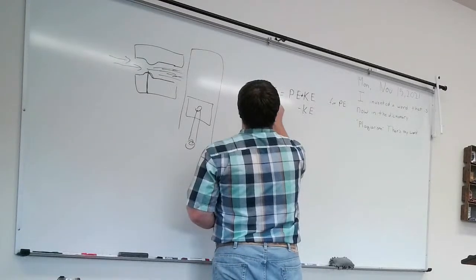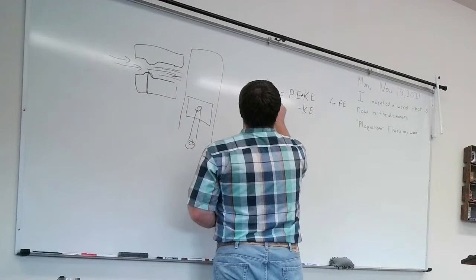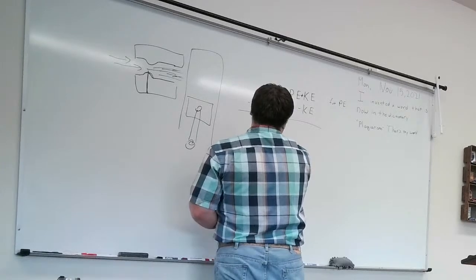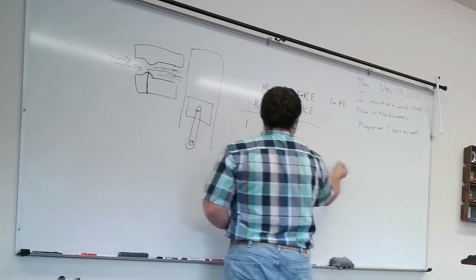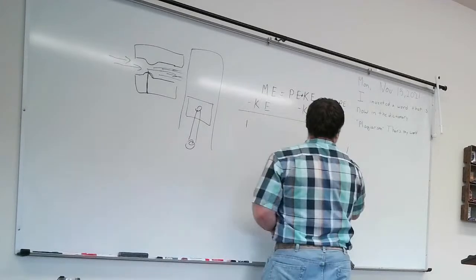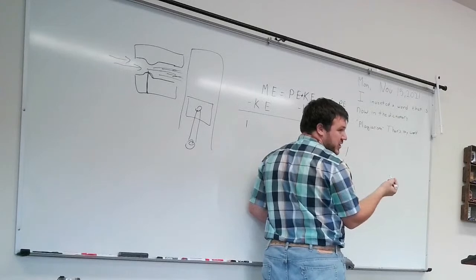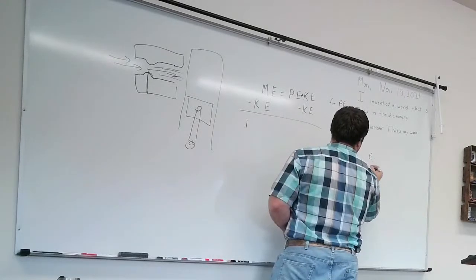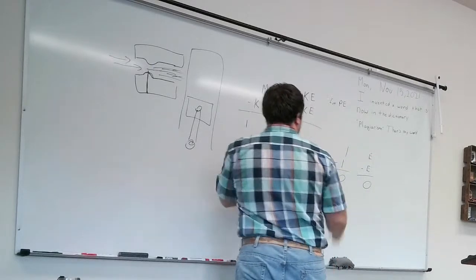Just write ME minus KE equals PE. Here's the thing: E minus E is what? Nothing. 1 minus 1 is what? Zero. So E minus E is zero. It's different than 1 over 1, right? 1 over 1 is 1.